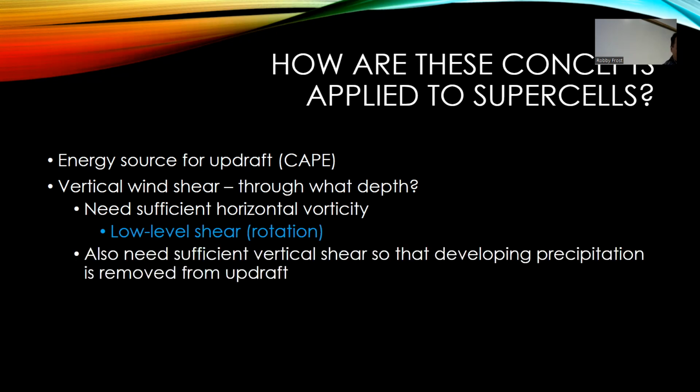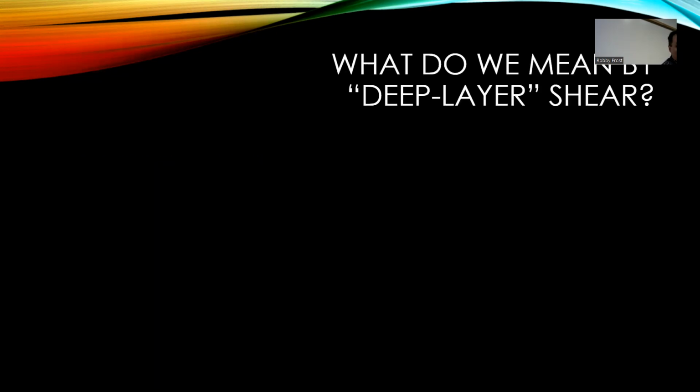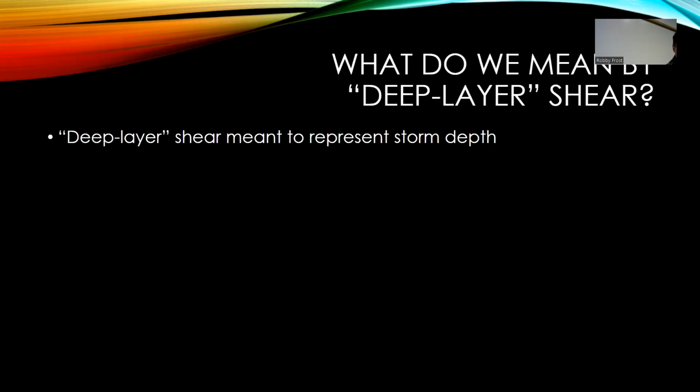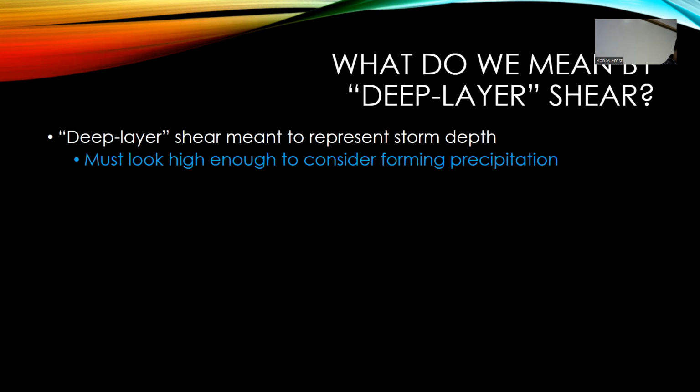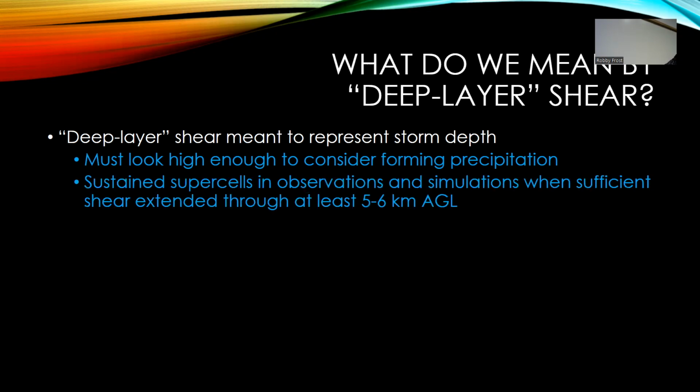That's the low-level shear. And we've got to get the precip away from the updraft. That's kind of the deep shear, storm longevity. But you can say deep layer shear, what do we mean? And this is just based on observational evidence. You've got to go high enough to consider where the precip's forming, because from there up is where it'll be redistributed. And you've got to consider some of the limitations.